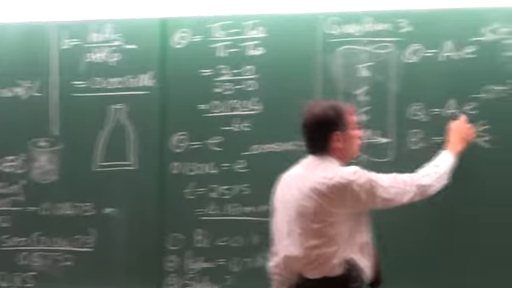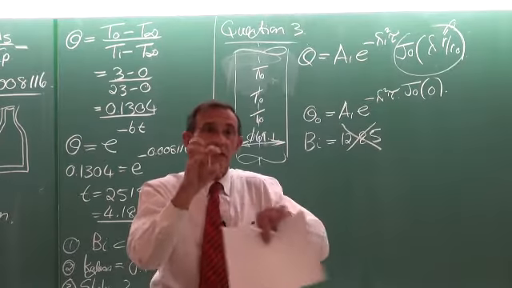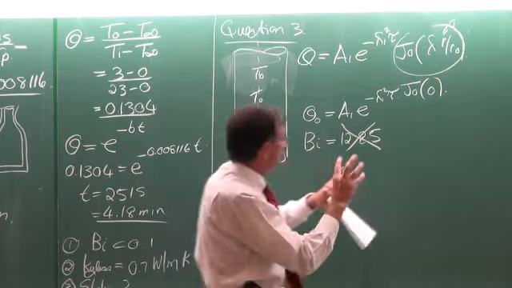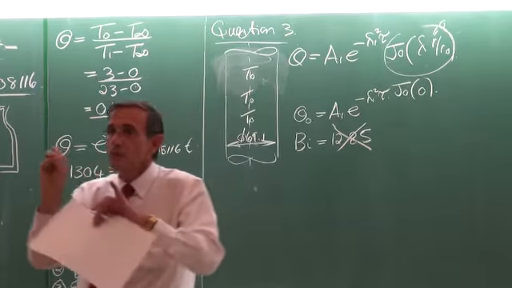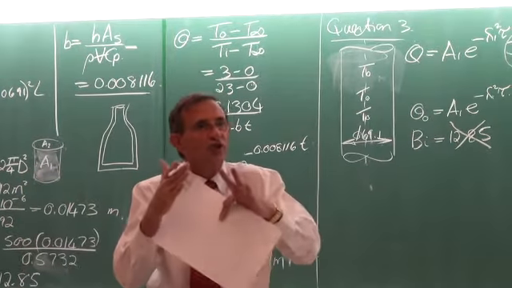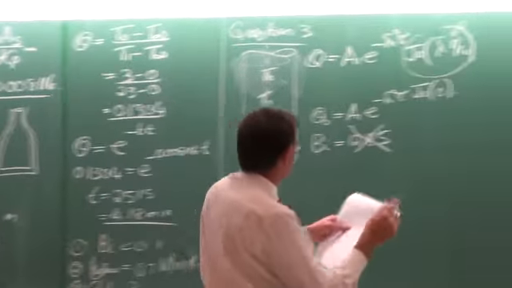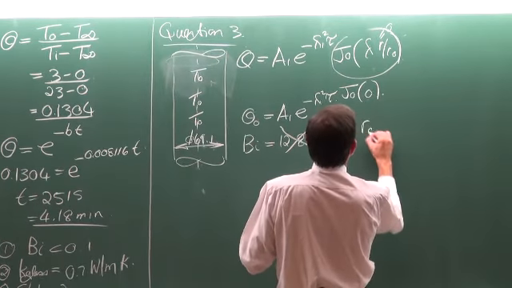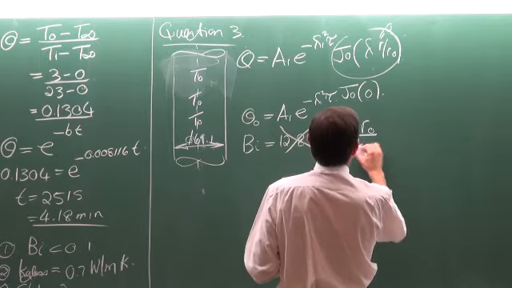In the derivation of this equation, a number of values came together and made it easy to call that a constant, and that constant is the Biot number. And that was defined as the heat transfer coefficient multiplied by R0 divided by K.